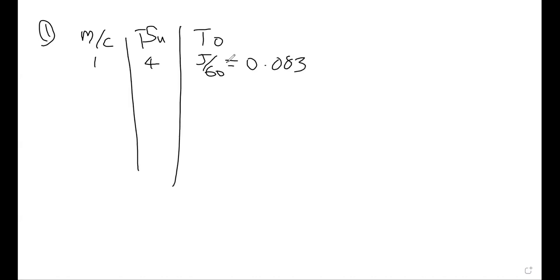For number 1, we have 4 hours setup. For machine number 1, for operation we have 5 divided by 60, which is 0.083.